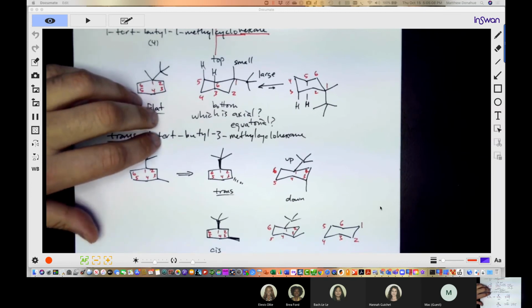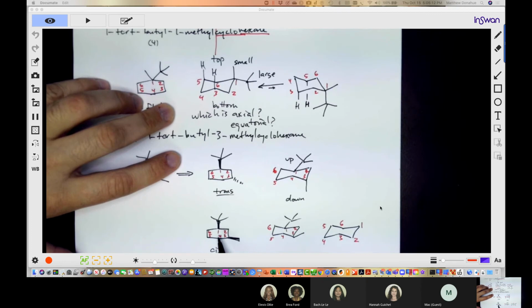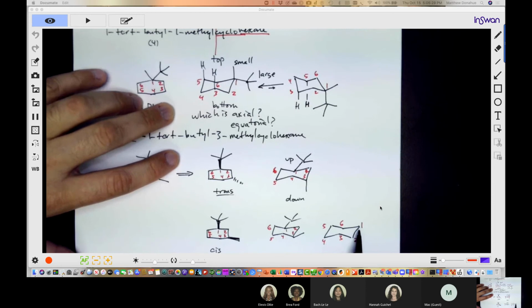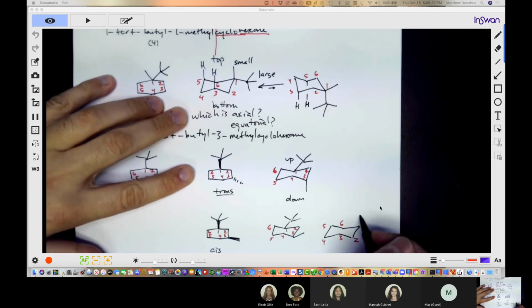We said the tert-butyl group is at position 1 and it's up. So in this representation of a chair, at the 1 position, is the tert-butyl equatorial or axial? So it's axial.